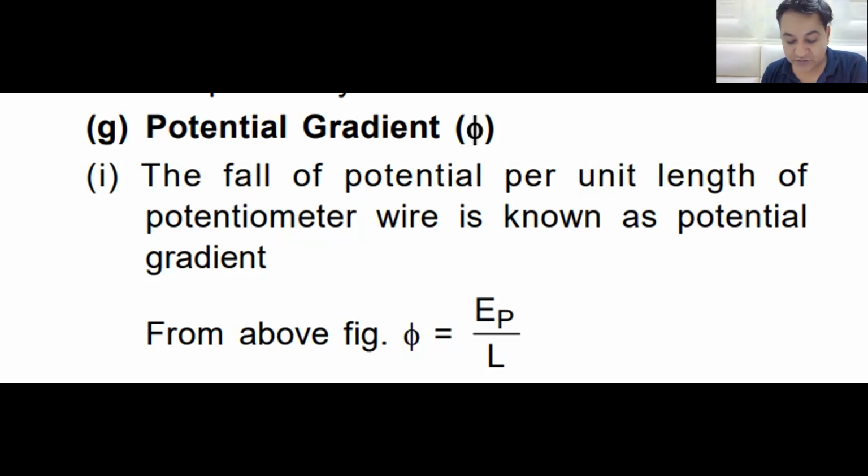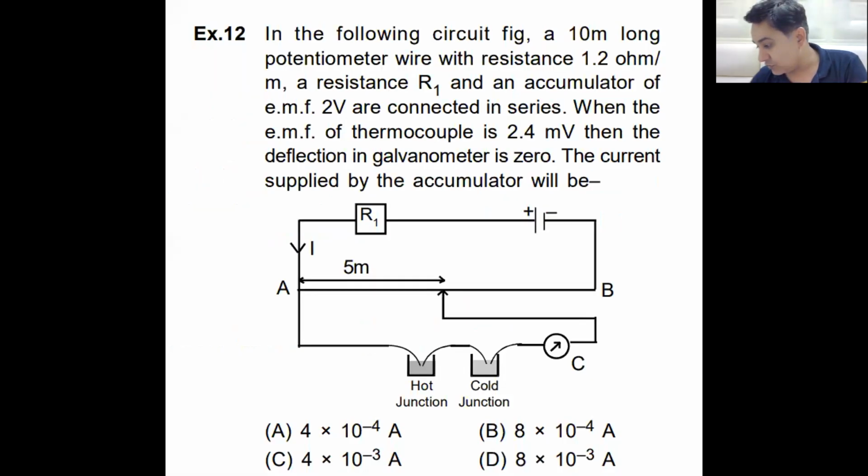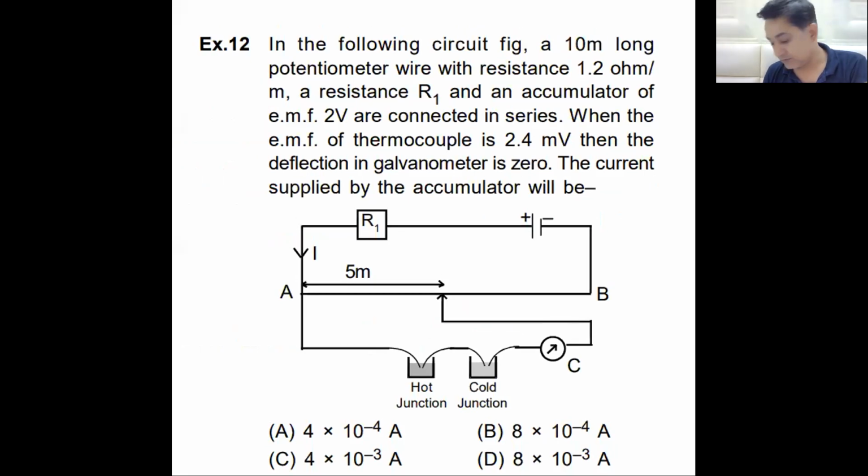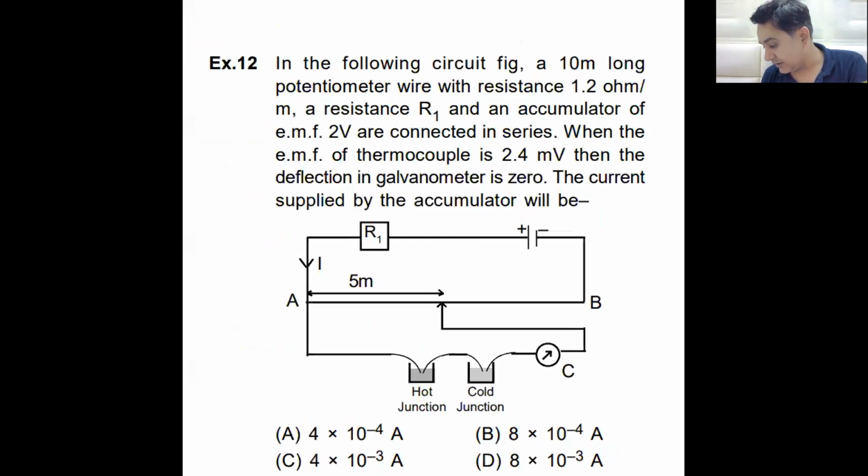This is again based on the concept of potentiometer. Remember, a potentiometer can do a lot of things, and I hope you can see this question completely. Yes or no?